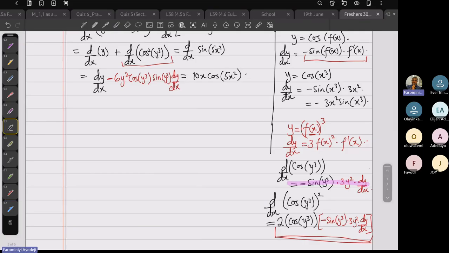Any question? I assume not. All right. Then the next thing is for us to get dy/dx. On this part, I can factor out dy/dx. I'll get 1 minus 6y squared cos y cubed sine y cubed equal to 10x cos 5x squared.